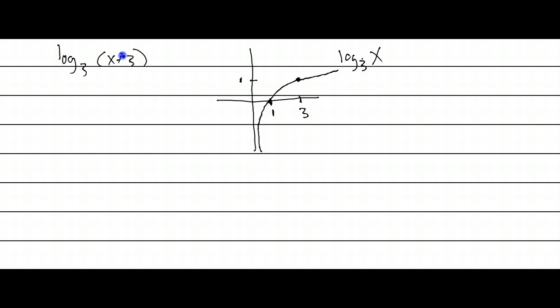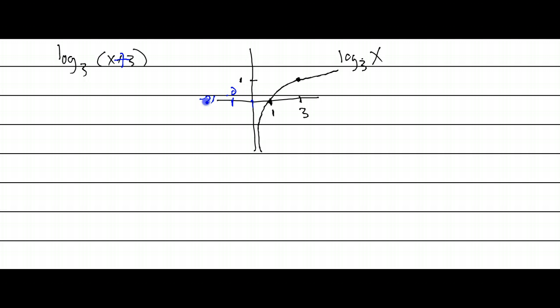So now we have plus 3. Remember what I told you last time. If it's inside, it's opposite of what you think. Plus is this way, but since it's opposite, we have to move it to the left 3 units. So that's 1, 2, 3. This is negative 2.